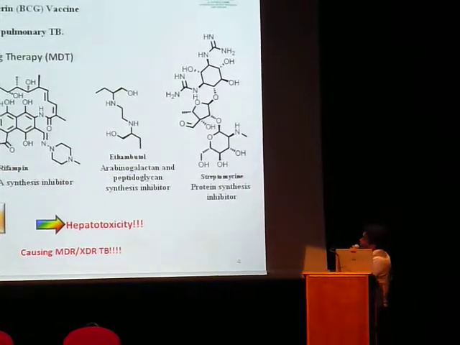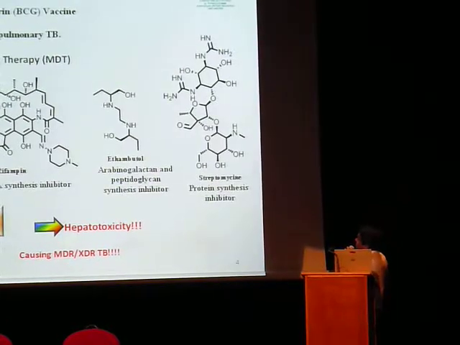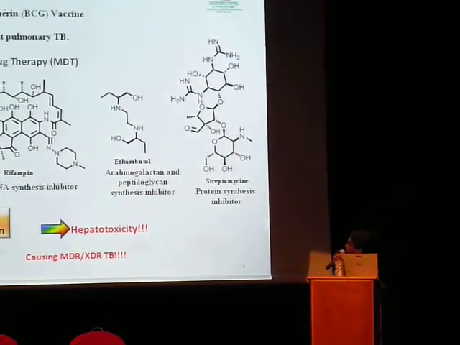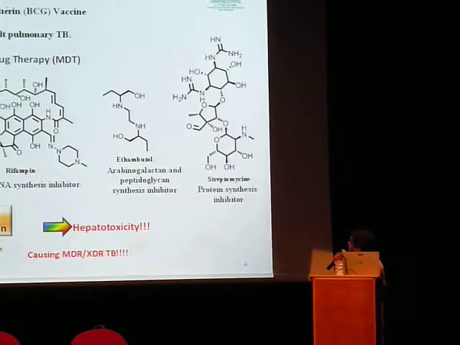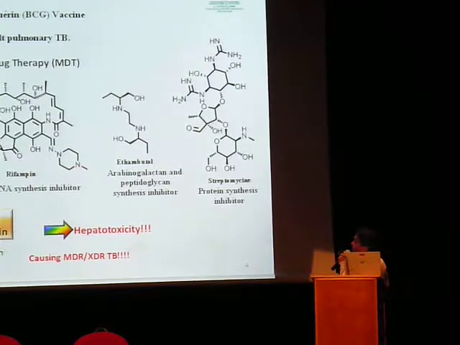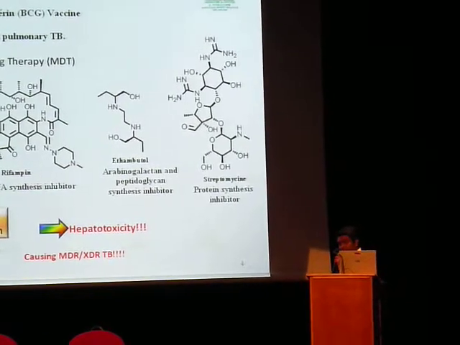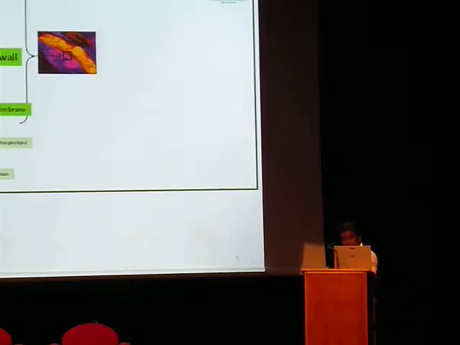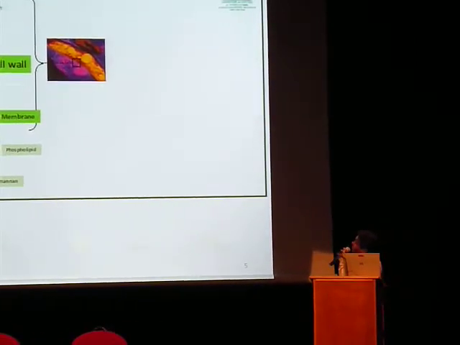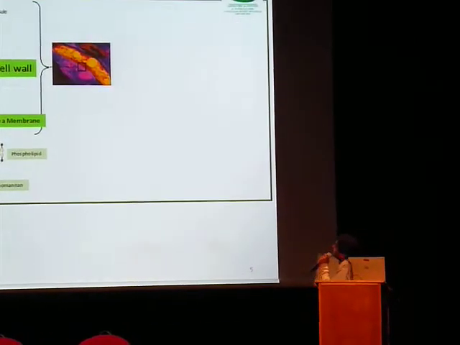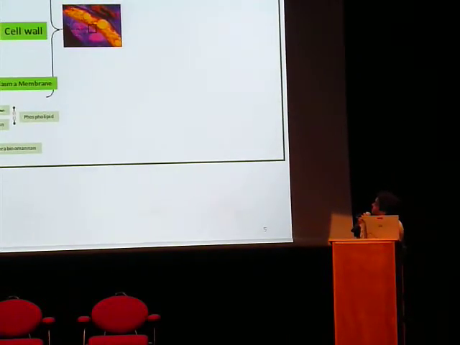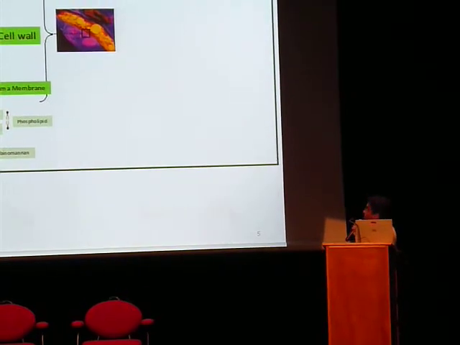Now, if we look at the drugs normally employed for treatment of tuberculosis, we find that the majority, like isoniazid, pyrazinamide, or ethambutol, all target cell wall biosynthesis of bacteria. If we take a close look at the cell wall constituents of Mycobacterium tuberculosis, we find that mycolic acids are a major component of the bacterial cell wall.